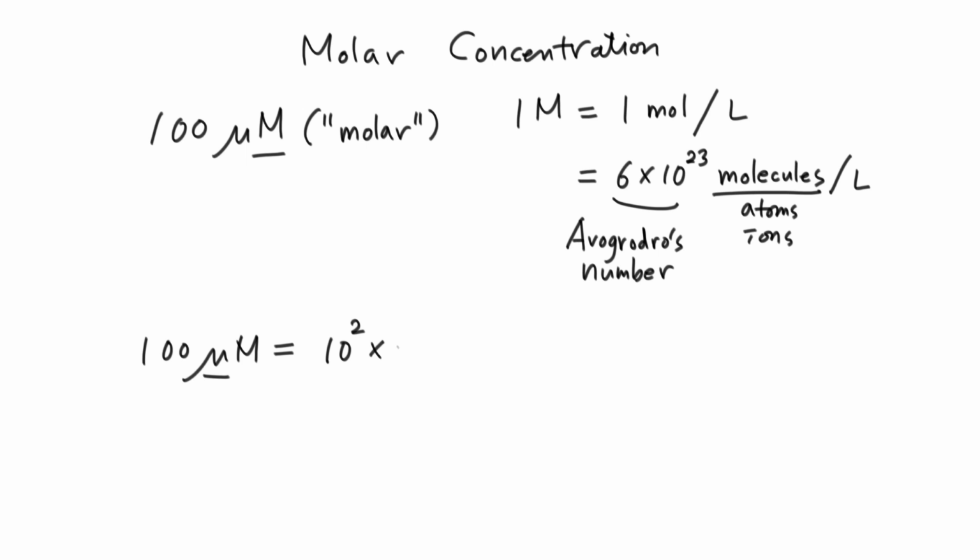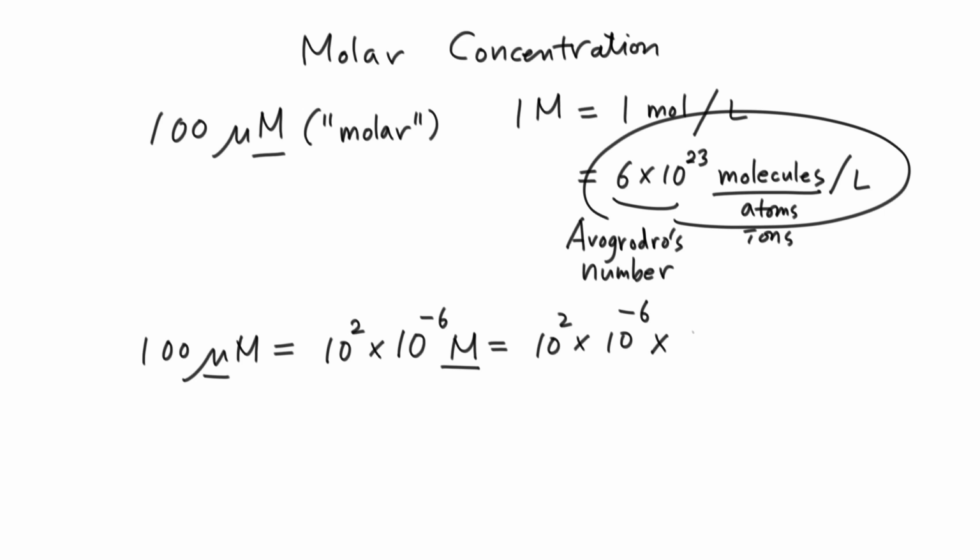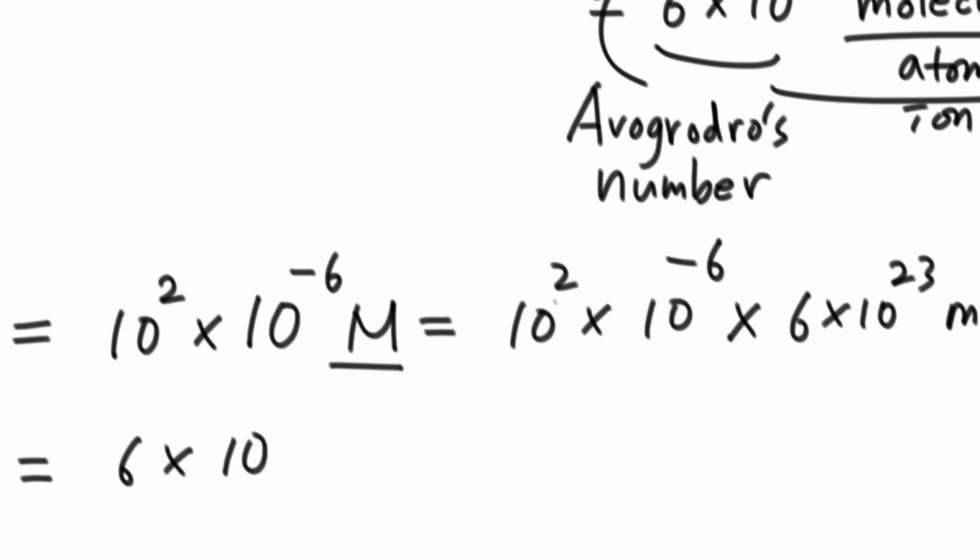This 100 micromolar is 10 squared times, which is 100. Because of this micro unit, we have 10 to the power of negative 6 molar. Since 1 molar is this number here, we have 6 times 10 to the power of 23 molecules per liter. And this is 6 times 10 to the power of minus 6 plus 23.